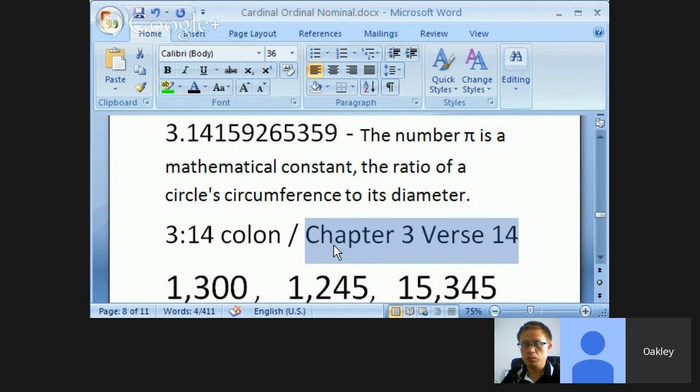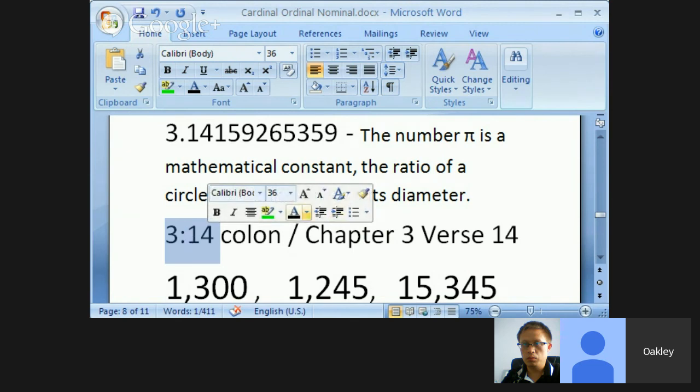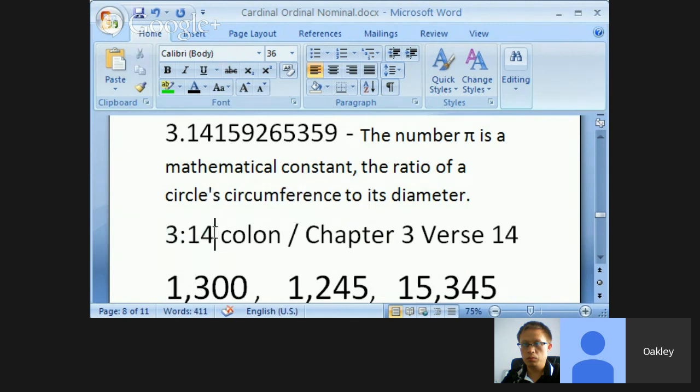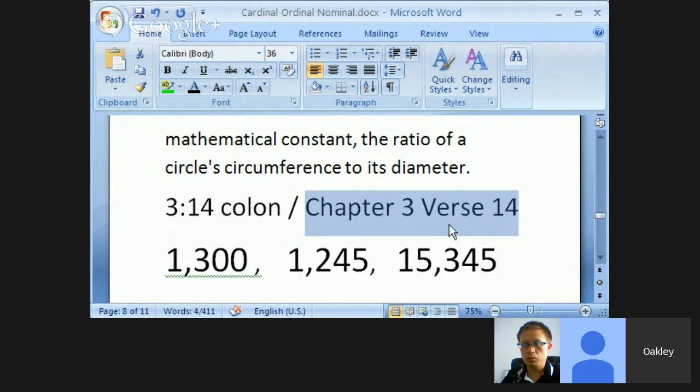So it's kind of like a library shorthand to show where something is, and this is very common in the Bible, to show chapter 3, verse 14, to designate exactly where something is.